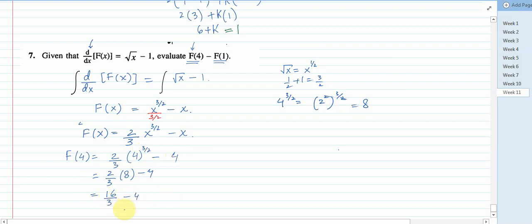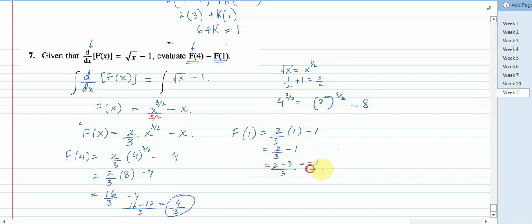If you take LCM, that is 3, it's 16 minus 12, which leads to 4 divided by 3. That is the value of f of 4, and now we need to find f of 1. So f of 1 is 2 upon 3 times 1 minus 1, right? So it will be 2 upon 3 minus 1, again LCM, 2 minus 3, it's minus 1 upon 3.